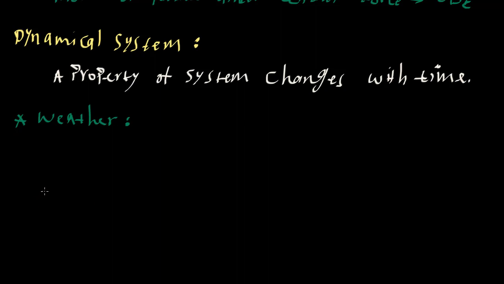Weather changes with time. Another example of a dynamical system, which we are familiar with, and which you are going to study extensively in mechanical vibration, is a single particle mass attached to a spring, going back and forth, oscillating.